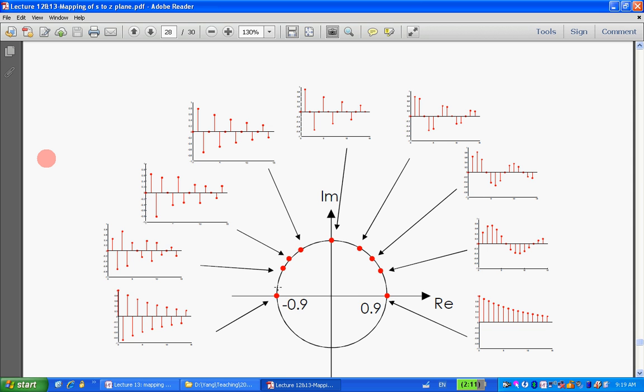When you have negative 0.9, you have oscillations, and that's actually negative pi or pi, the highest frequency here. So in general, in the Z-plane, we call this portion high frequency and this portion low frequency. All good? So check out this diagram here to get a handle on the effect of different locations of the poles.